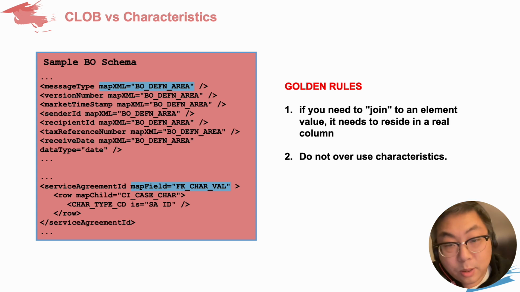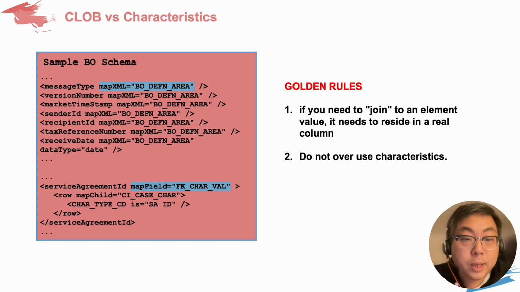Well, there are actually two. The first one is, when you're choosing which type of field you want to map to, the decision is based on whether you need to join an element in your query. It needs to go into your real column, which means it needs to go to the characteristic table. In that way, you can join them up.